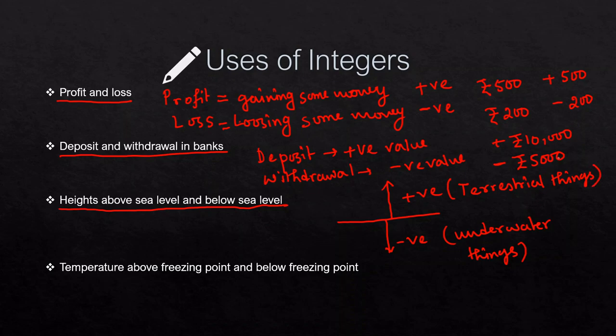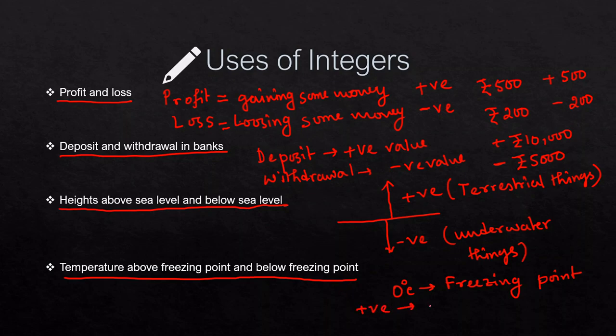Temperature above freezing point and below freezing point. We know that at 0 degree centigrade water becomes ice. So 0 degree centigrade is the freezing point of water. We take any temperature above 0 degree centigrade as positive, and any temperature below 0 degree centigrade as negative.